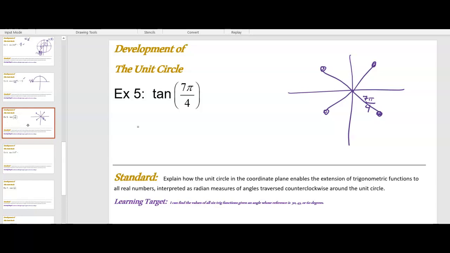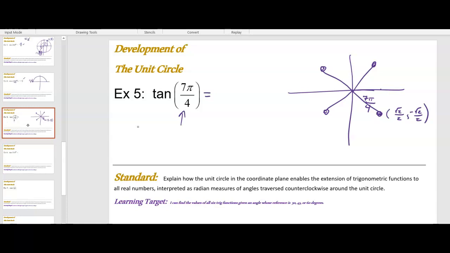So that means I am root 2 over 2, negative root 2 over 2. Now, that's what's going on in my brain when I see 7 pi over 4. You're looking at your circle that you've drawn earlier in the lesson, and you're thinking, okay, that's my reference.